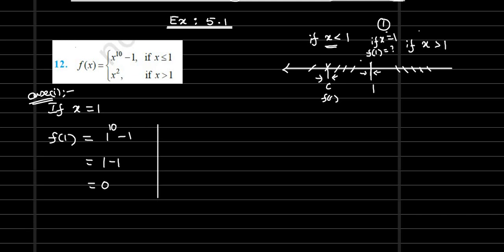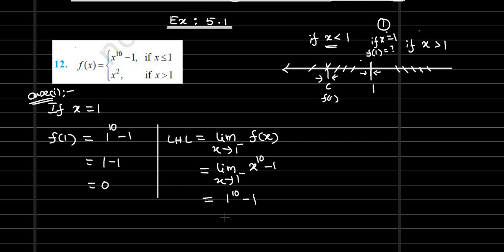Now the left hand limit: limit x approaching 1 from the left hand side of f of x. The suitable function is the first one, x power 10 minus 1. Applying the limit, 1 power 10 minus 1, 1 raised to any value is 1, 1 minus 1, which is 0.